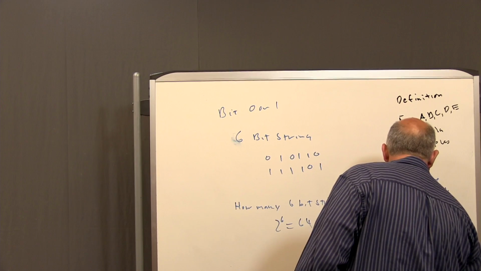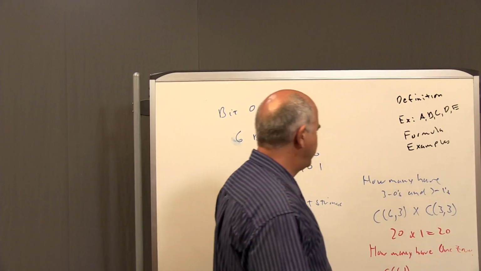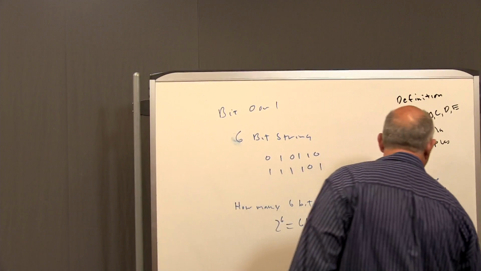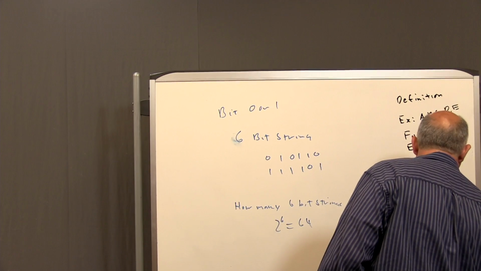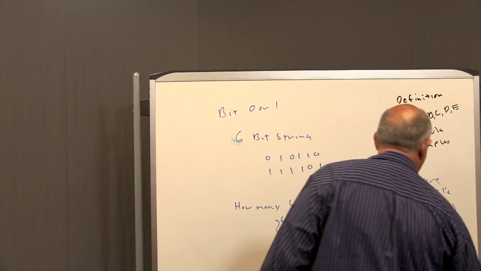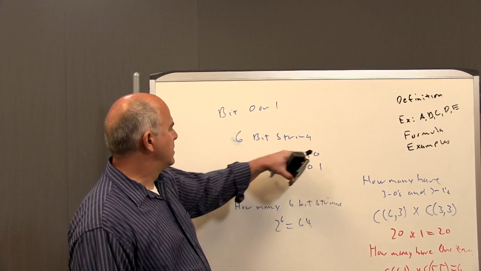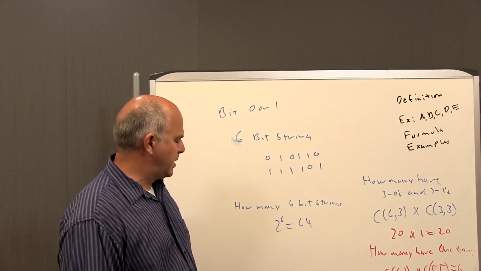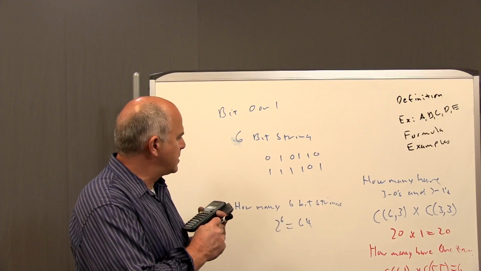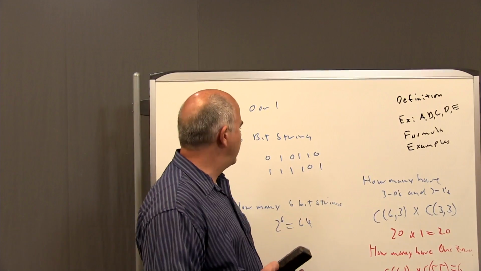You've got 6 comma 1, times what's left for the 1s. You've got 5 spaces left for the 1s, and you're going to put 5 1s in there. And this is just 6. Just like I said, there's 6 different places for you to put that zero. So there's 6 different strings with 1 zero in them.